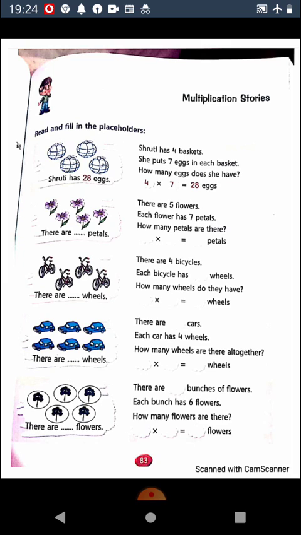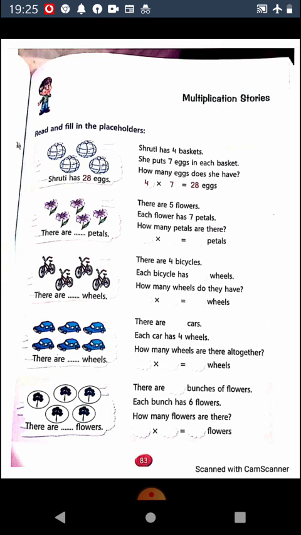Now what is multiplication? As I told you earlier also, multiplication means bringing groups together. Multiply means guna. So when we multiply two numbers, we get a product which is greater than both the numbers.